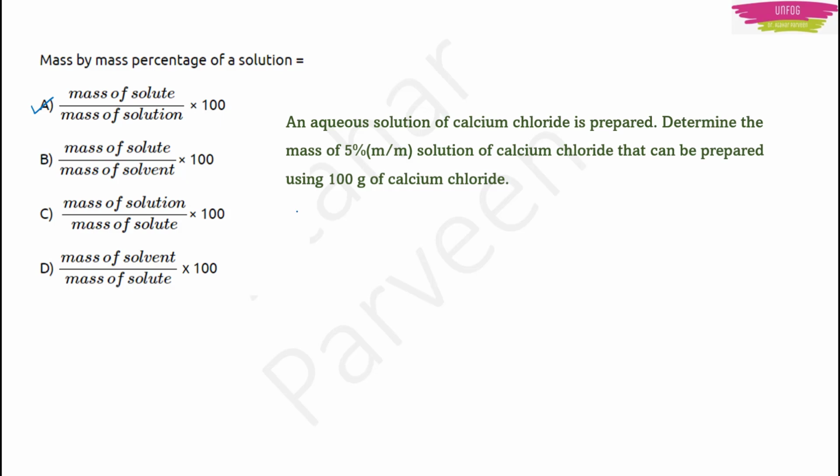The question is, an aqueous solution of calcium chloride is prepared. Determine the mass by mass percentage, that is 5% solution of calcium chloride that can be prepared using 100 grams of calcium chloride. So what you do here? Now you know that the mass by mass percentage of solution is equal to mass of solute by mass of solution. This you multiply it with 100.